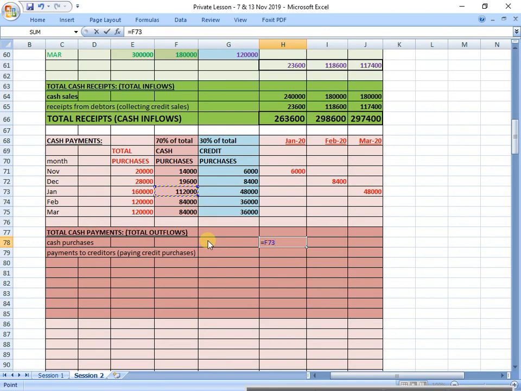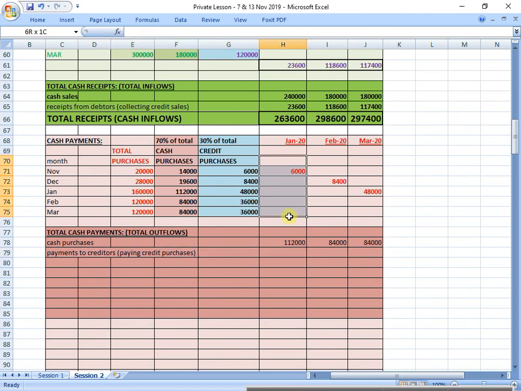Okay. Cash purchases, January. How much? 112. How much cash purchases in February? 84. How much cash purchases in March? 84. Agree? Okay. Then I need to look at how much did I pay my creditors.